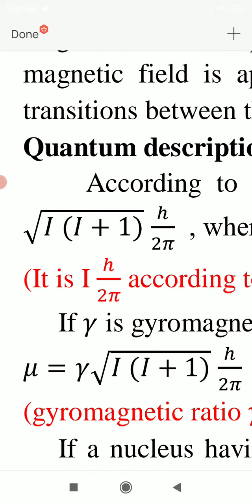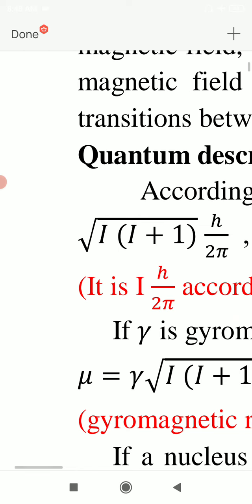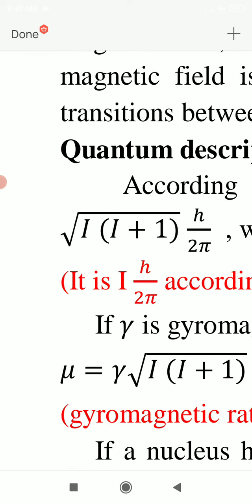Spin angular momentum is I into h upon 2 pi according to old quantum theory, but it is now under root I plus 1 into h upon 2 pi. In place of I, we write under root I plus 1.